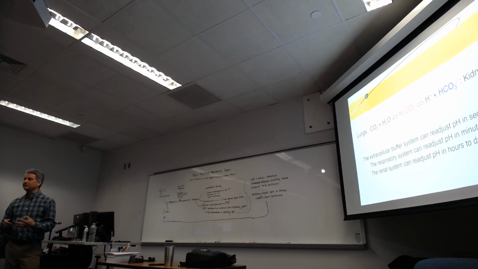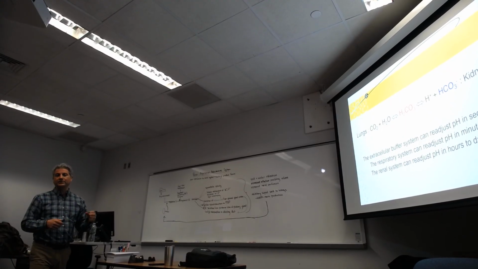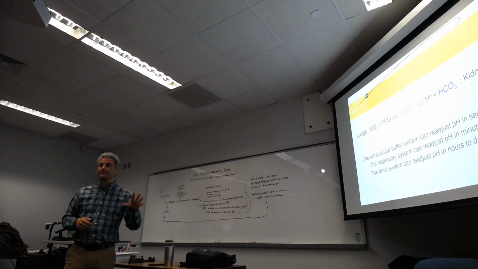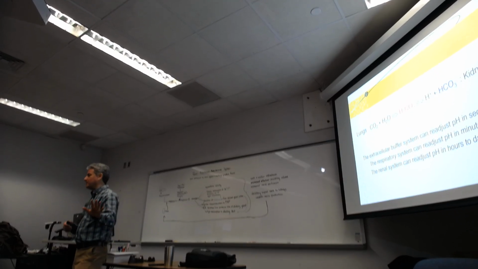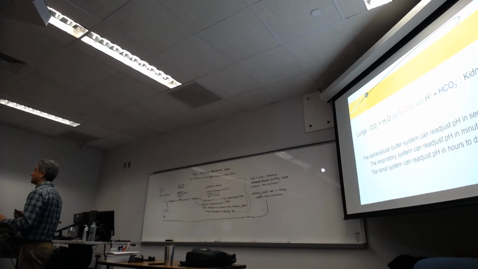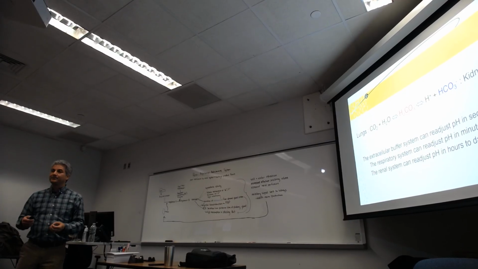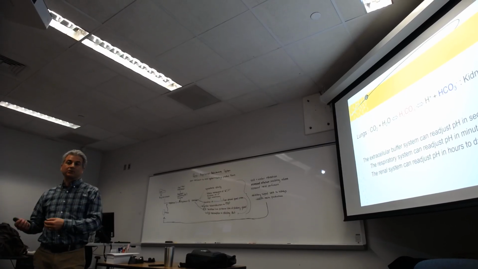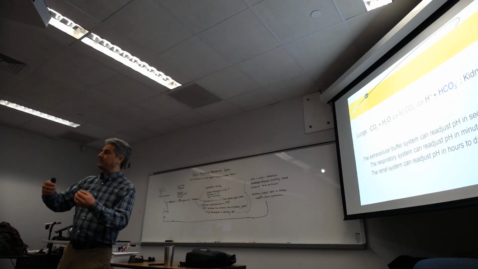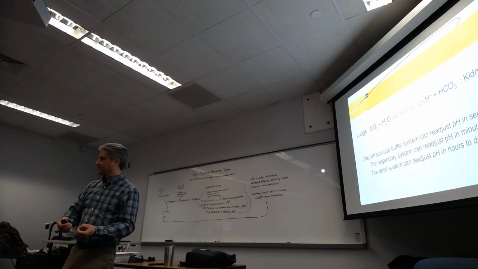So when the kidneys are getting rid of hydrogen ions or creating bicarbonate, that is considered the metabolic side of it. So when we talk about something being acidic or alkalotic, we also add a caveat of whether it's in a respiratory state or a metabolic state. Okay?